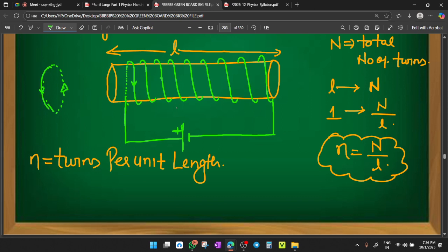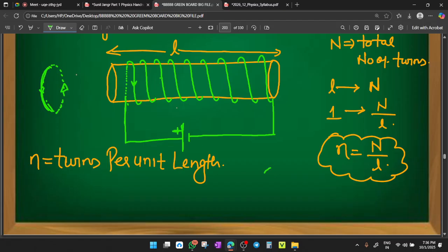This is the front face of the wire and this is the back side. Can you imagine this? Is this direction clockwise or anti-clockwise? Clockwise. Current is rotating in a clockwise way.